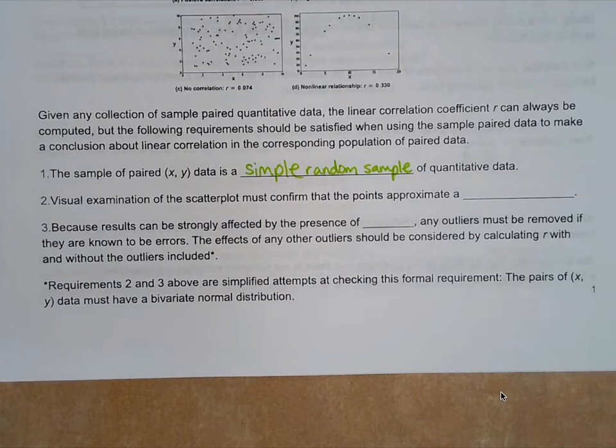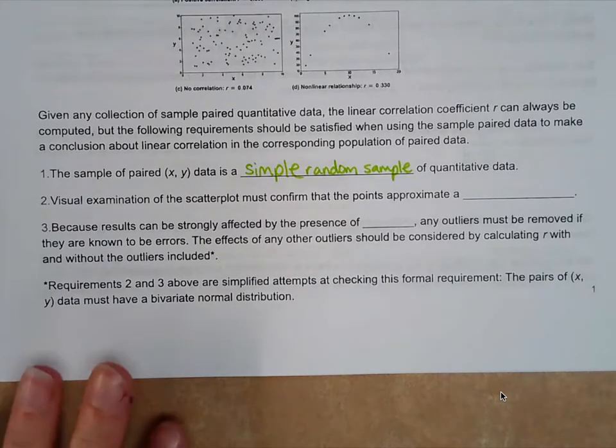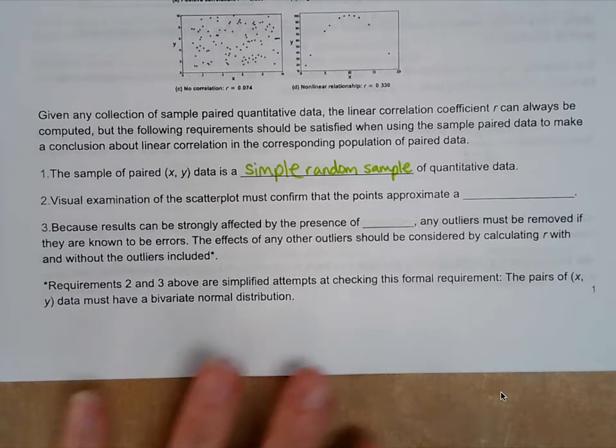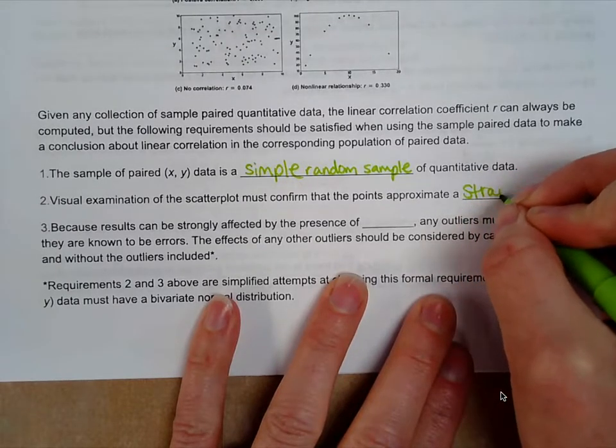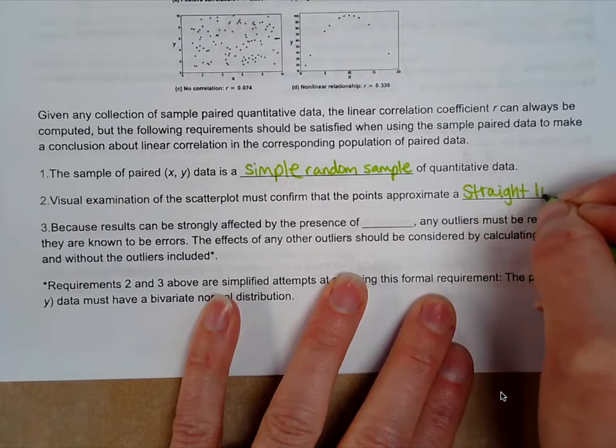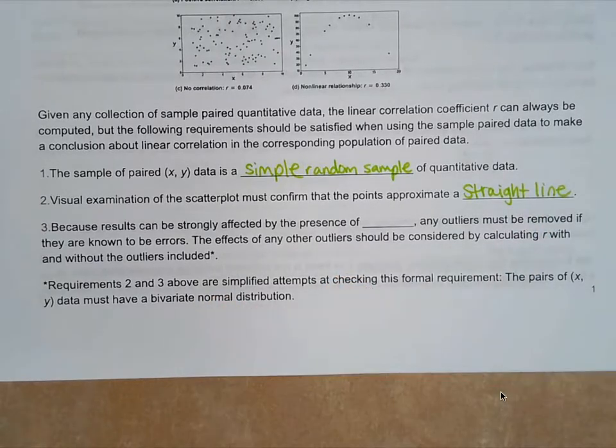Then whenever you graph it on a grid, it should approximate a straight line. And outliers greatly affect our graph and also the R. So if you know that there's a known error, then you want to make sure to remove that.